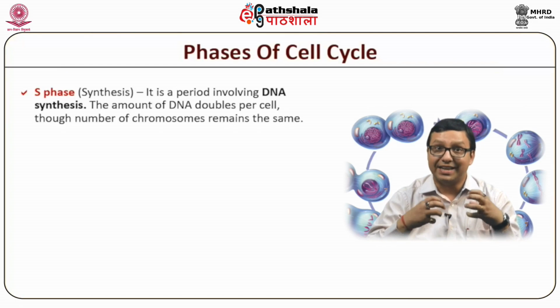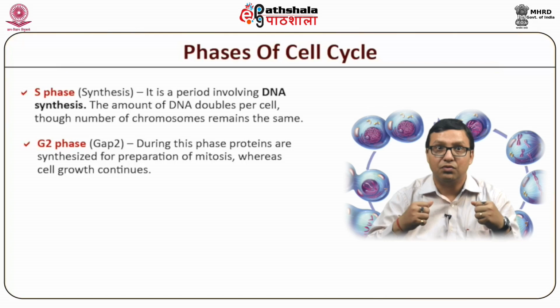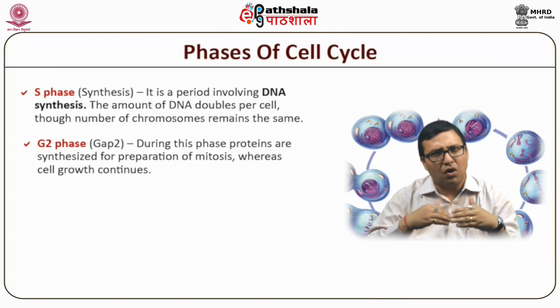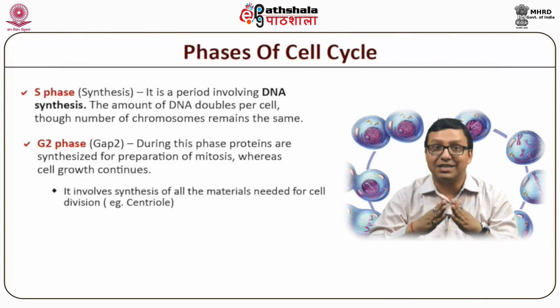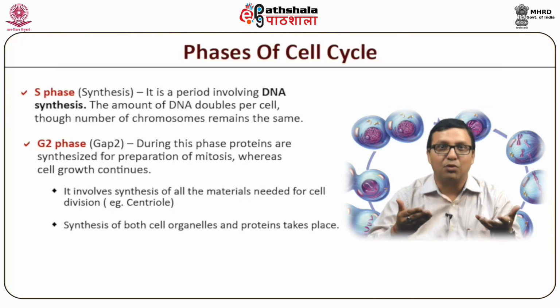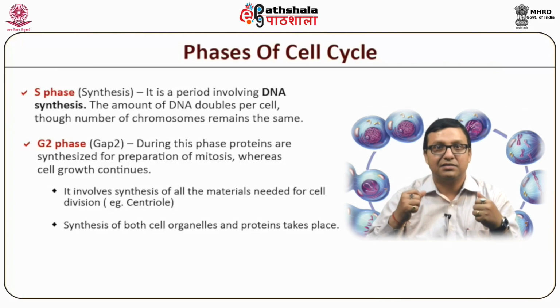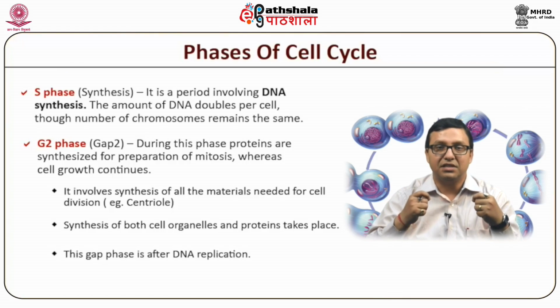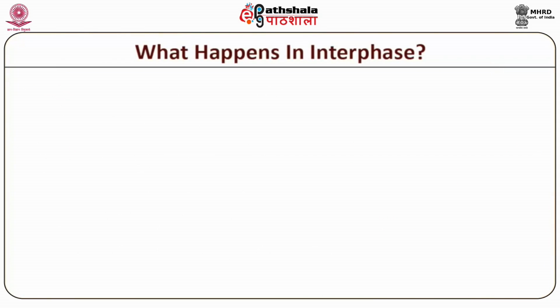Now, the cell enters another gap phase, that is G2, in which the cell does all the preparation needed for cell division. For example, centrioles are made, and proteins and cell organelles are synthesized. This phase is immediately after the DNA replication phase. Let's quickly summarize all the events occurring during interphase of the cell cycle.